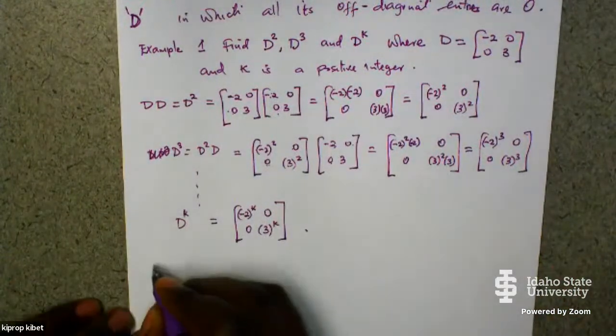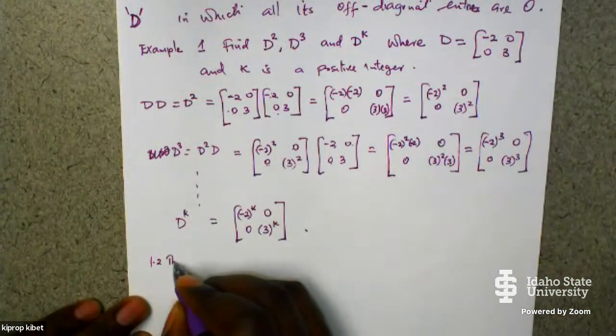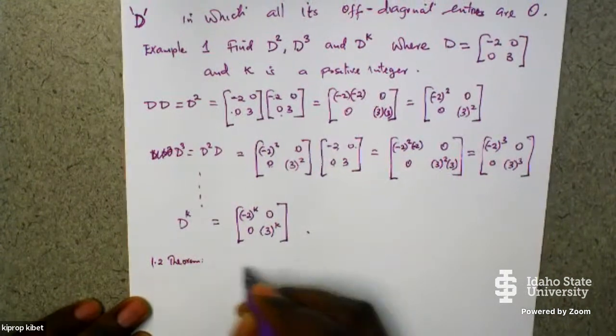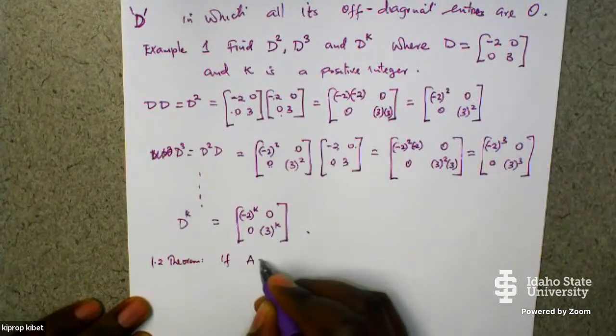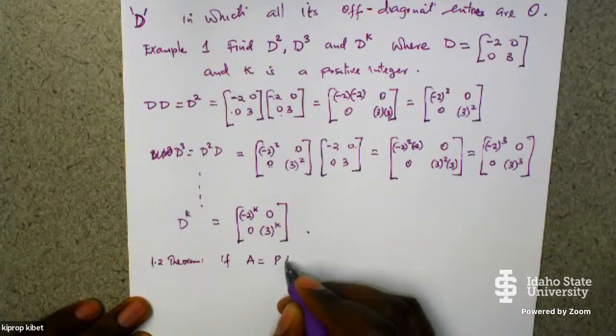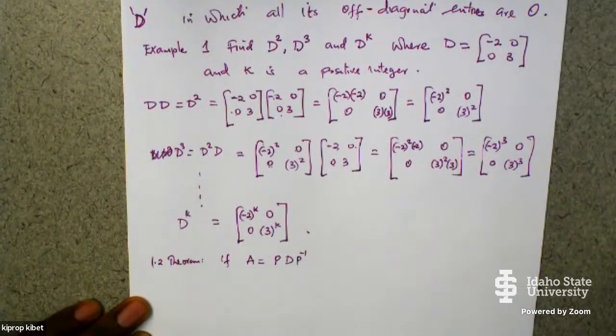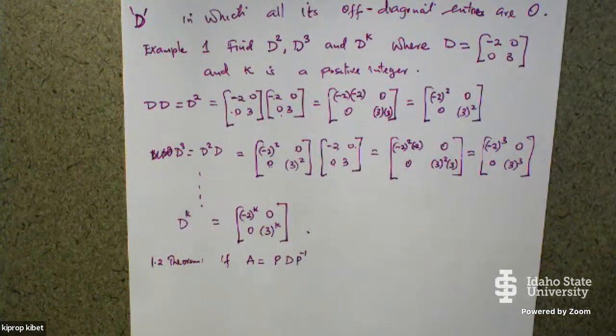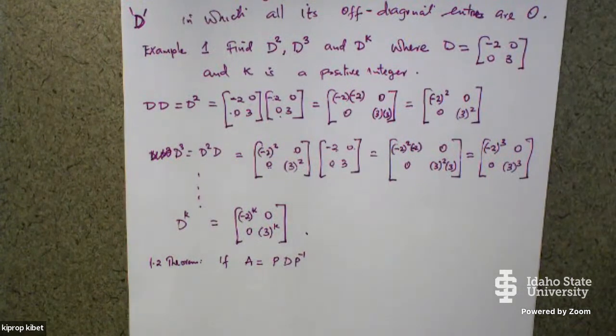Now, let's look at a theorem here. If A is equal to P D P inverse, then it means A and D are similar.